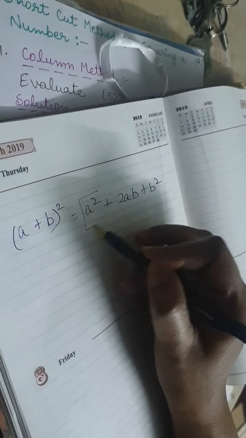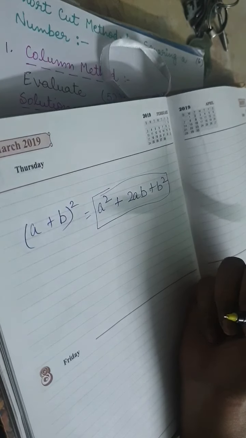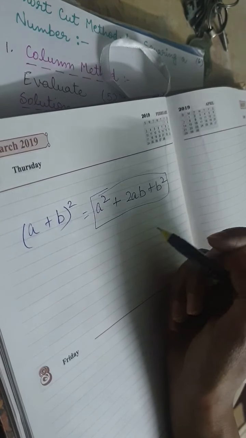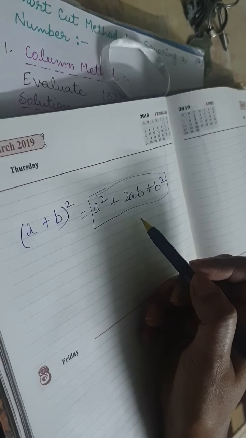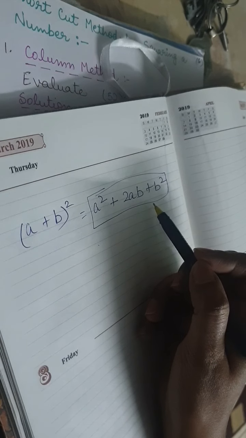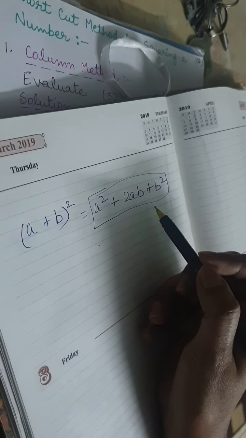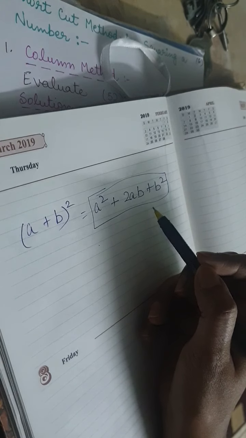This formula we will use in the column method. Which formula we are going to use? We are going to use A square plus 2AB plus B square. Clear?